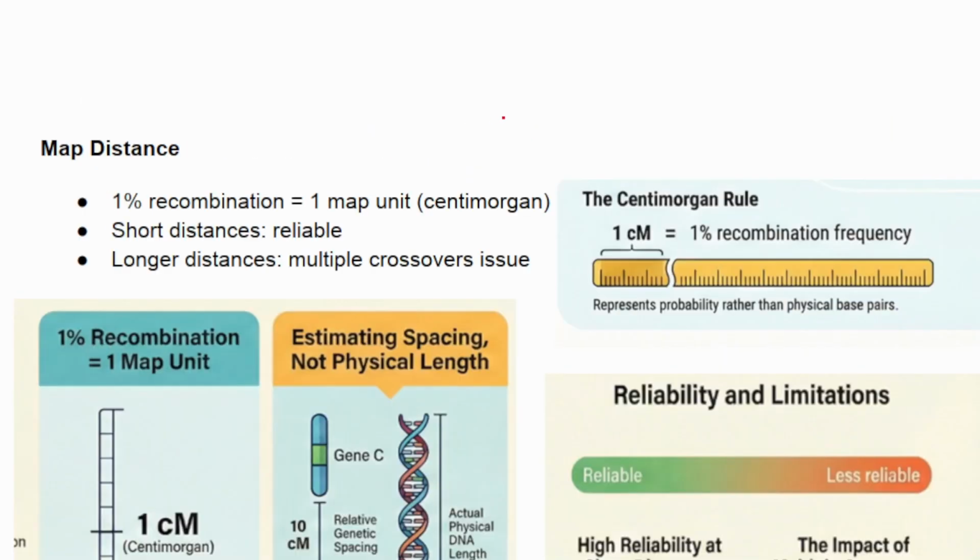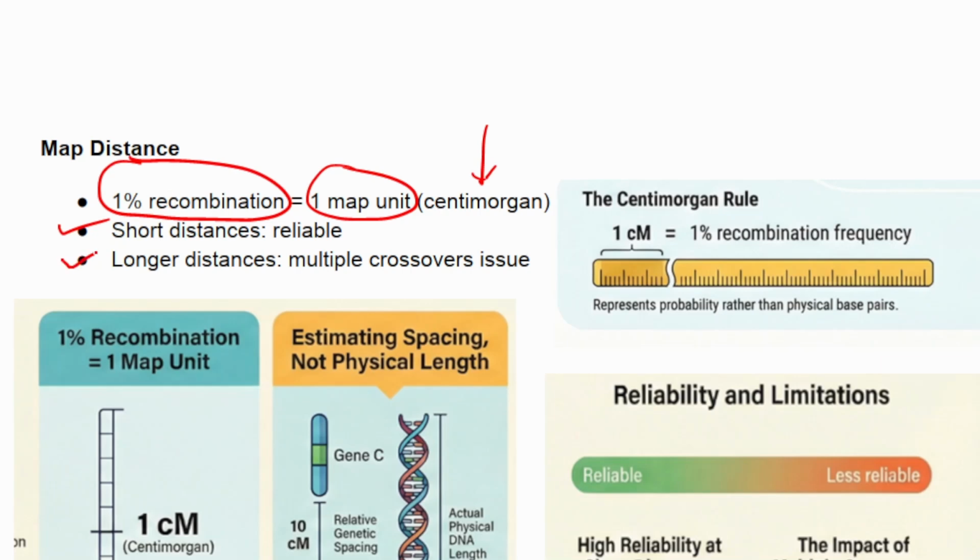Now think about map distance as a way of converting recombination frequency into a genetic distance. By definition, 1% recombination is called one map unit, also known as a centimorgan, meaning a unit based on frequency, not physical DNA length. This works well over short distances because most crossovers that occur between nearby genes are detected as recombinant.